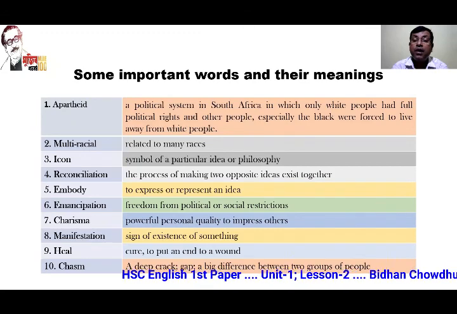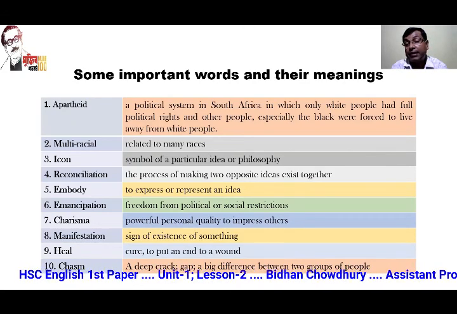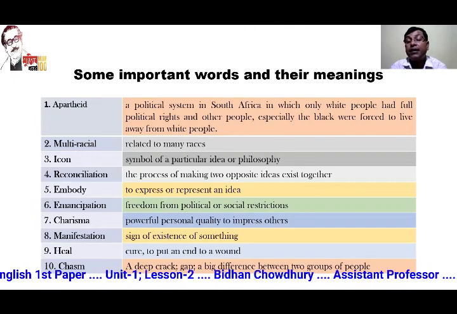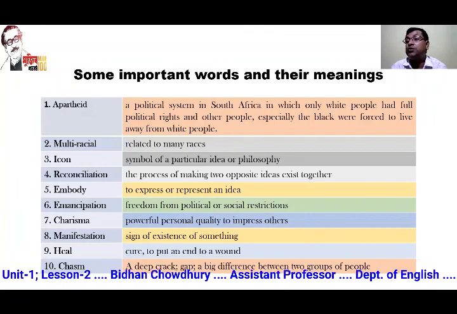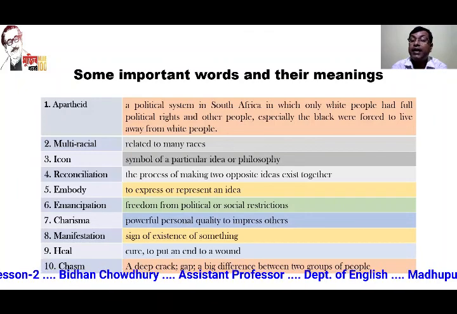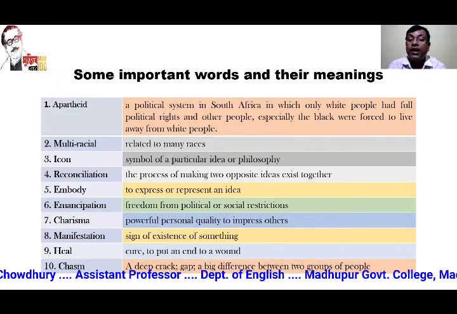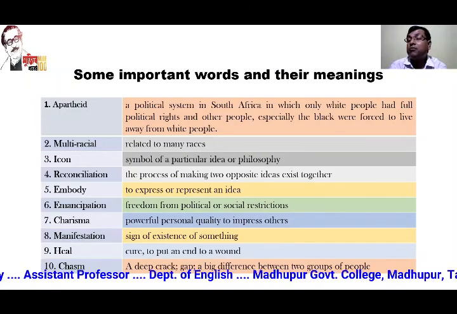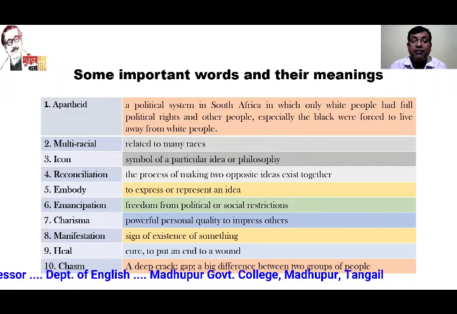Charisma, powerful personal quality to impress others. And Nelson Mandela had this quality. He had powerful personal quality to impress other people. And actually, the people all over the globe were impressed by the powerful personality of Nelson Mandela. Then manifestation.